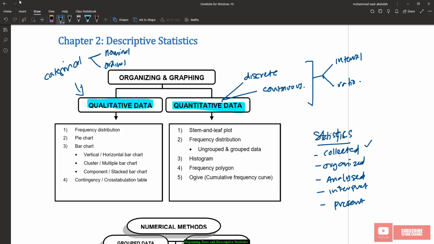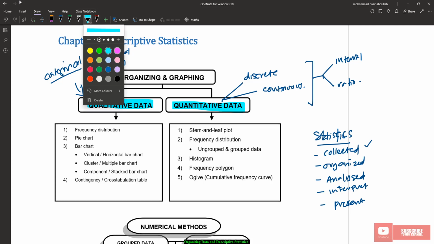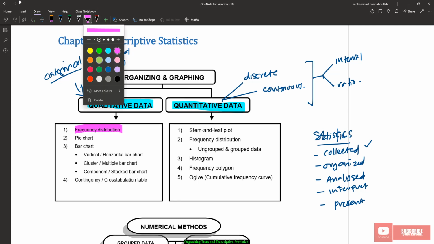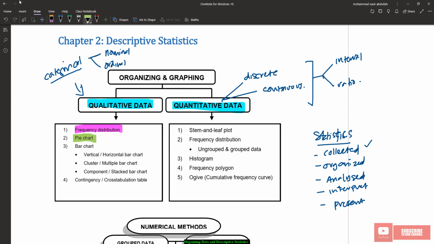Under qualitative data, as we know, there are categorical data. For categorical data, we can do frequency distribution, and then we can do a pie chart and bar chart. Under bar chart, there are 3 types. First is a simple bar chart, which consists of a vertical bar chart or horizontal bar chart.